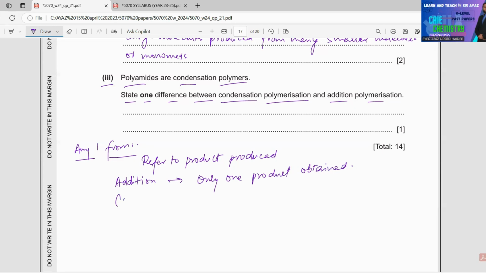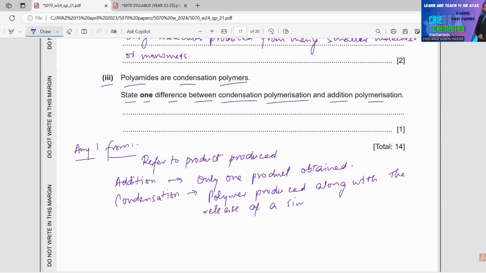In the case of condensation, the polymer is produced along with the release of a simple molecule.